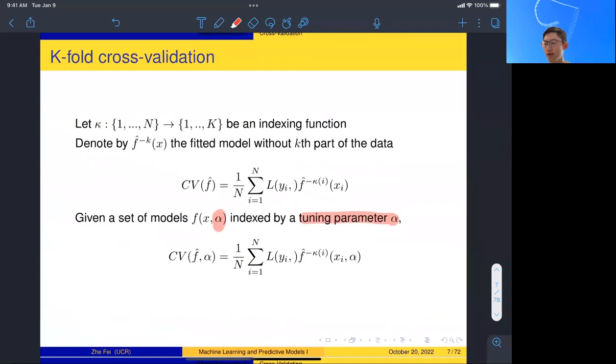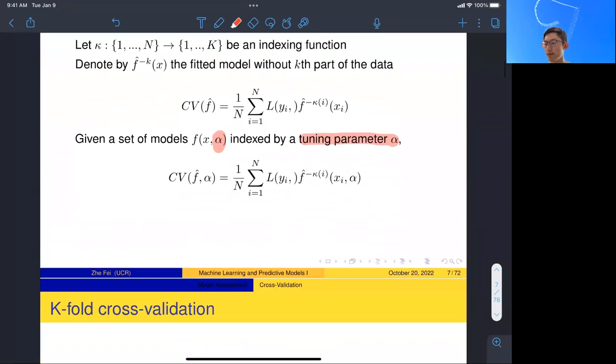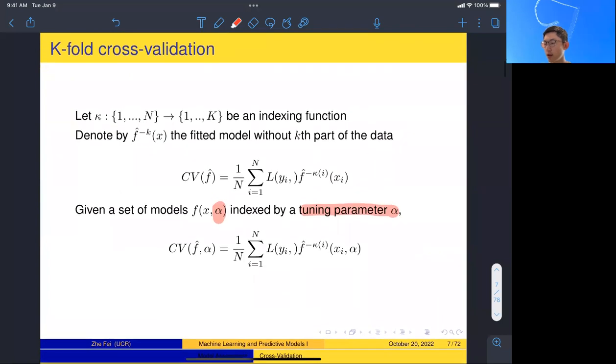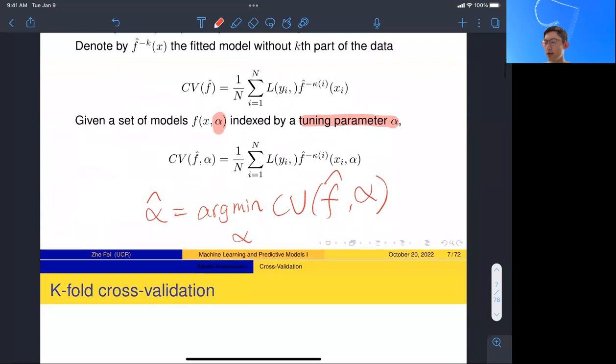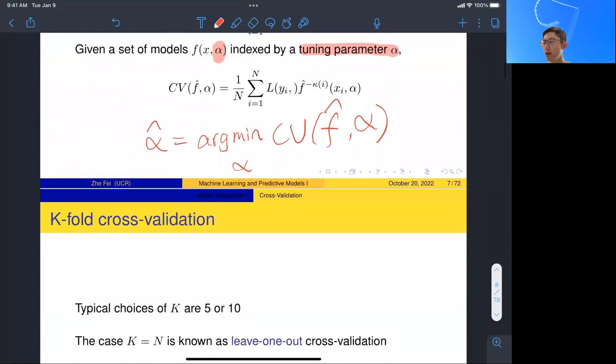With the cross-validation error corresponding to the different tuning parameters, we want alpha hat, the best tuning parameter that minimizes this cross-validation error with respect to the alpha value. At the end, you get your alpha hat, and essentially your best model corresponding to alpha hat.